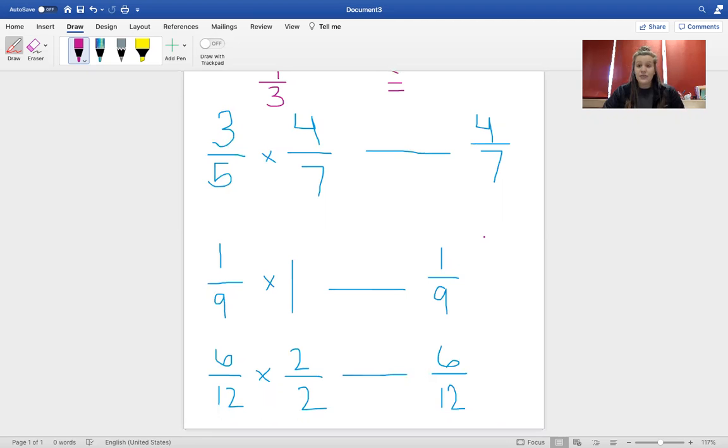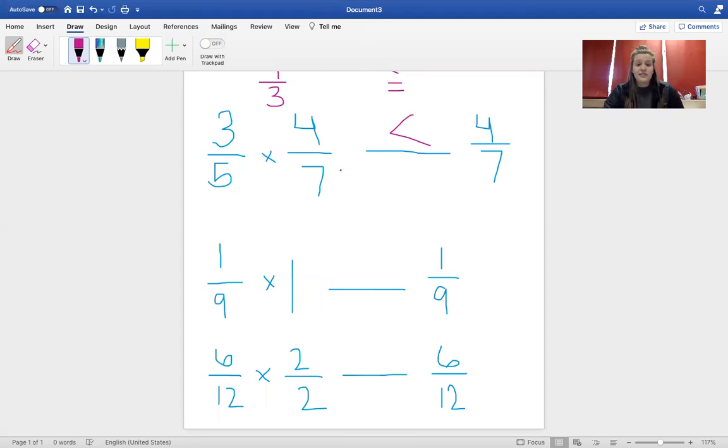So is 3/5 times 4/7 going to be greater than or less than 4/7? It's going to be less than, right? This answer is going to be less than 4/7. You are multiplying by a number that is less than 1. So it is going to be less than 4/7.